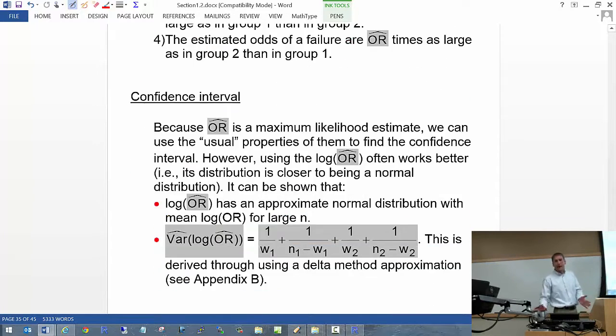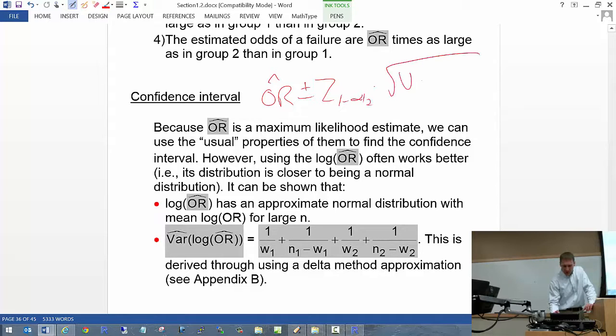Well, what about confidence intervals? Well, OR hat is a maximum likelihood estimate. So, similar to what we've done before, we could take our estimate plus or minus the value from the standard normal times the square root of the estimated variance of the estimator. Unfortunately, that doesn't work as well as if instead we use some kind of transformation of the odds ratio.